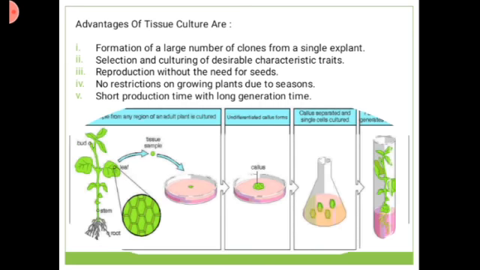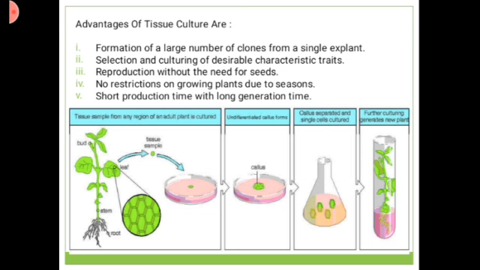There is formation of a large number of clones, selection and culturing of desirable characteristic traits, reproduction without the need for seeds, no restriction on growing plants due to seasons, and short production time with long generation time. So these are some of the advantages of tissue culture. In the diagram you can see how a cell is taken out from the living plant.